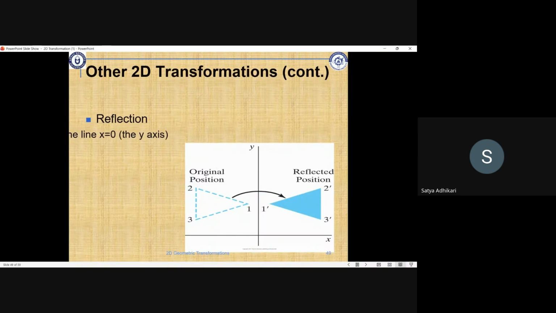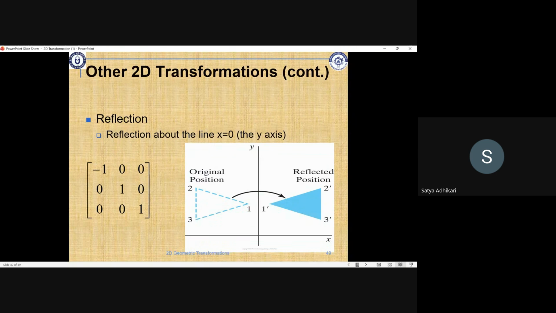Now the reflection is about the y-axis, or the line x equal to 0. This is the reflection matrix about the y-axis. Compared with the previous one, where the minus was in the middle position, now minus 1 is in the first row, first column.